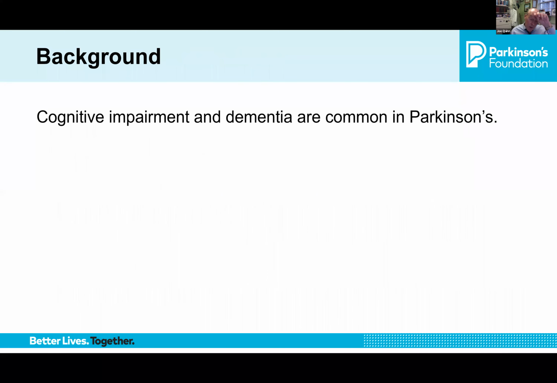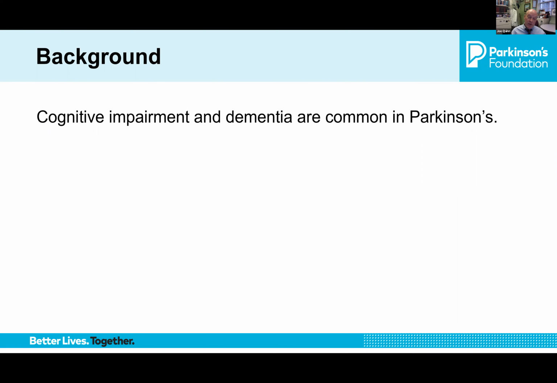Now, some years ago, it was commonly thought that dementia was not that common in Parkinson's disease, but as people have studied the problem more carefully, it's becoming increasingly clear that cognitive impairment and dementia are really common in Parkinson's disease, particularly as time marches on. Up to 50% of all people with Parkinson's disease have at least mild cognitive impairment.